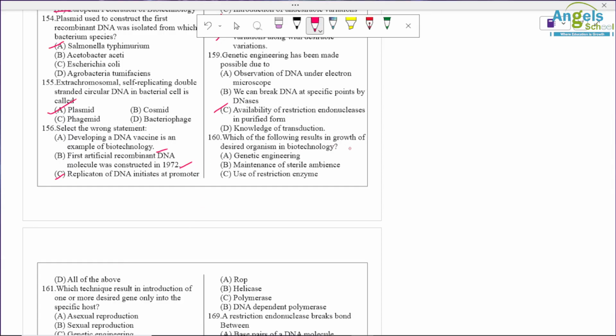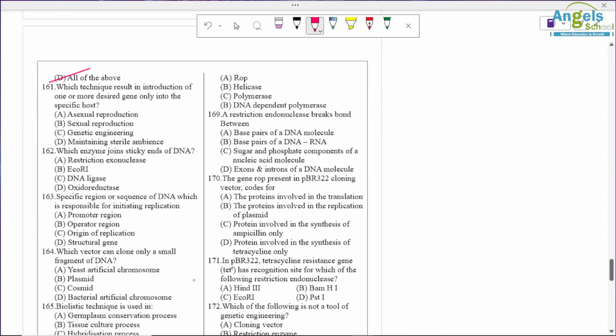So option D is correct. All of the above techniques are used. Which technique results in introduction of one or more desirable genes into a specific host? So through genetic engineering we can do this.